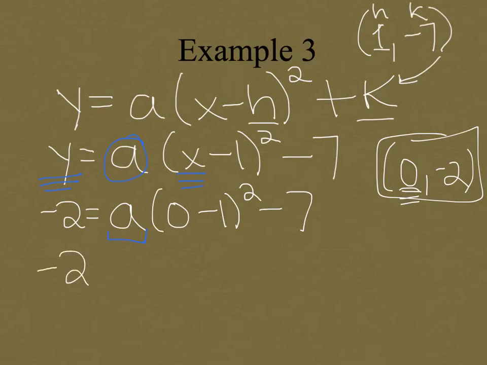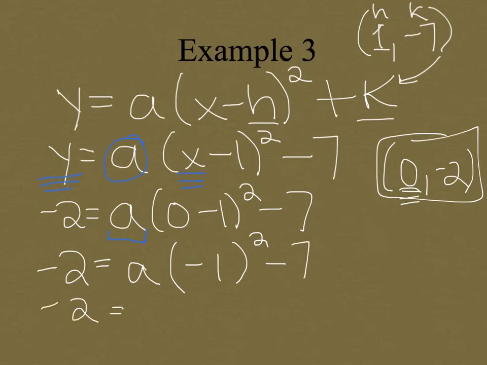I'm going to get -2 equals a times, if I subtract 0 and 1, I get -1, and if I square that and then subtract 7, I end up with -2 equals 1a minus 7. I'm going to add 7 to both sides here to get the a by itself.